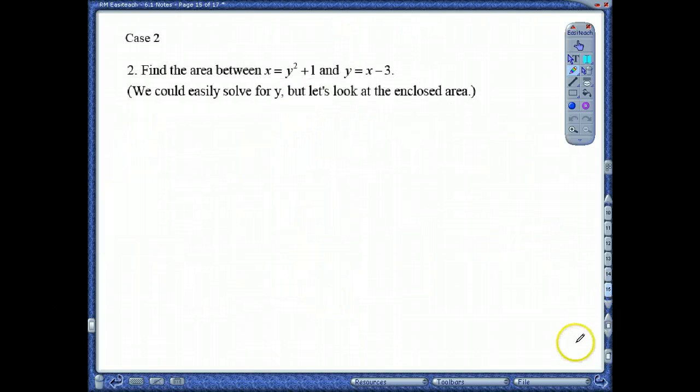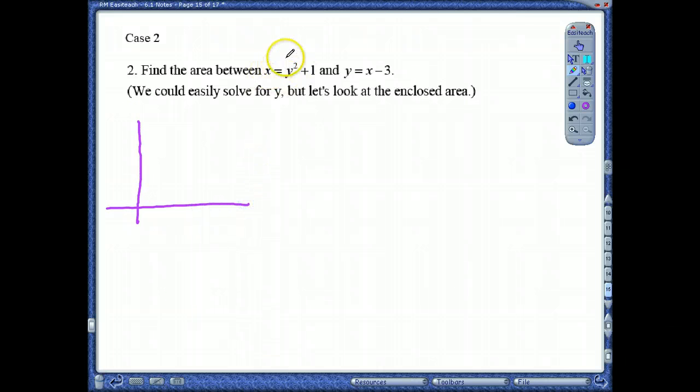Let's look at another example. Okay, when I'm looking at this, x equals y squared plus 1, once again, I can solve that for y, not a problem. I will get a plus minus, so I'll have 2 separate functions. And then my line, not a problem to solve that one. Okay, but I'm going to go ahead and graph it and see what I end up with.